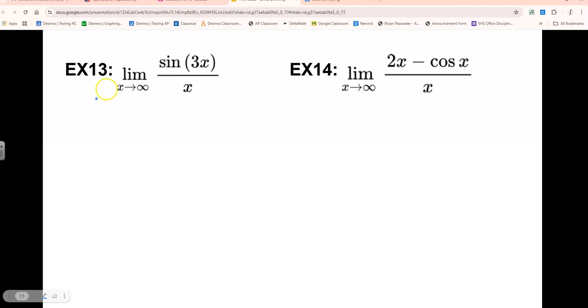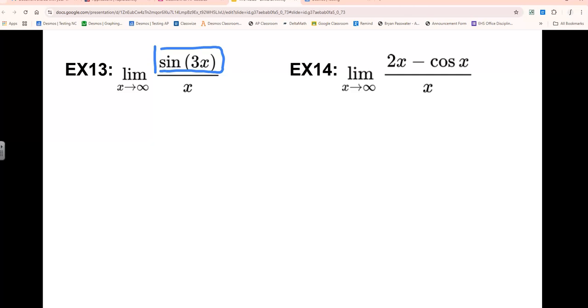So if we look at this example, I've got sine of 3x over x. Sine of 3x, it really doesn't matter that I put the 3 in there. Sine is still between -1 and 1, right? So I've got a little number over a number that's getting bigger and bigger.